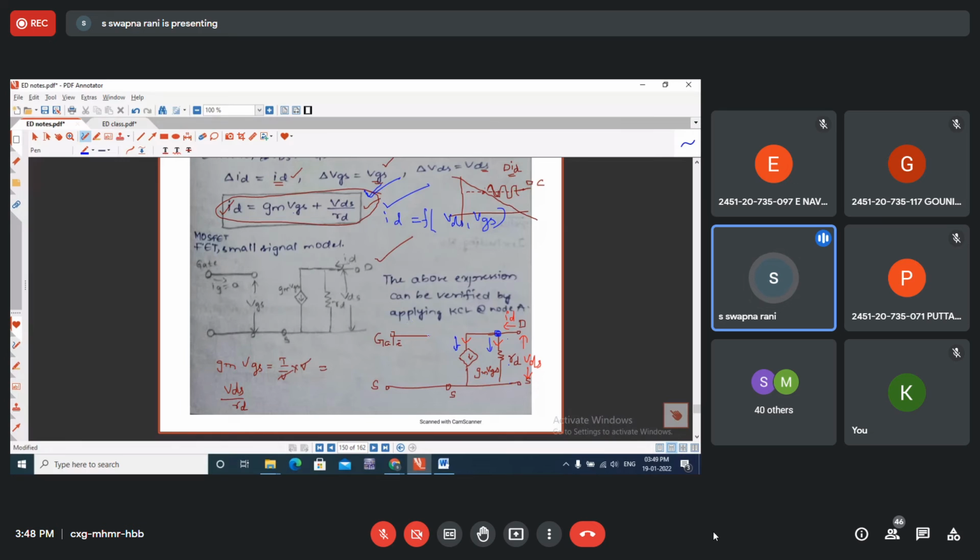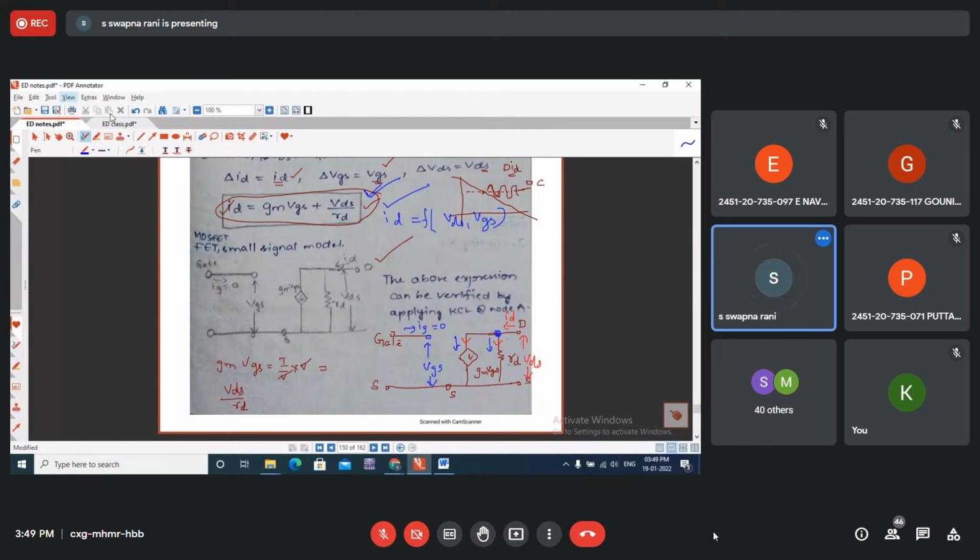And if you observe the model, there is no connection between gate and source. Only a voltage is represented. That voltage is called VGS, and there is no connection between gate and source. And the gate current IG is approximately equal to 0. Why?